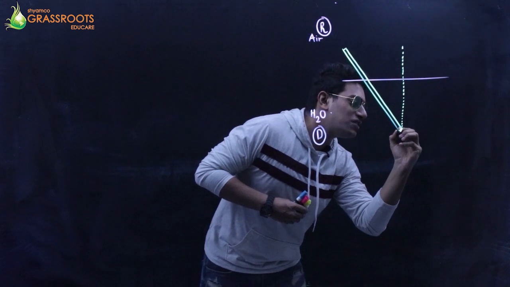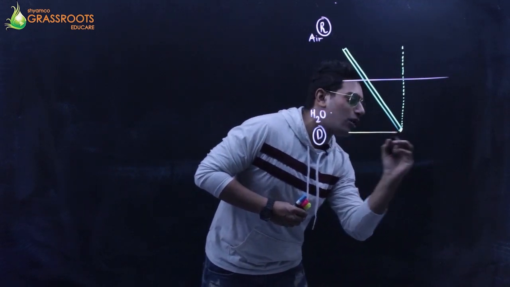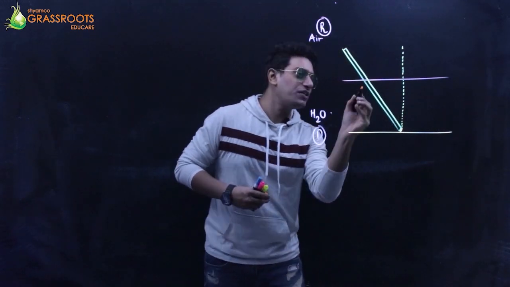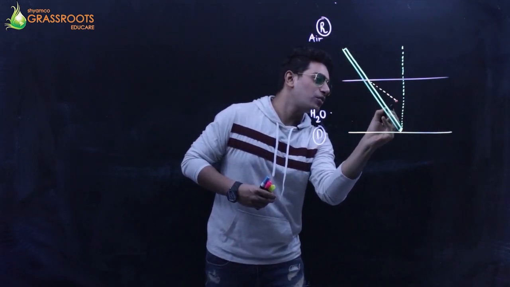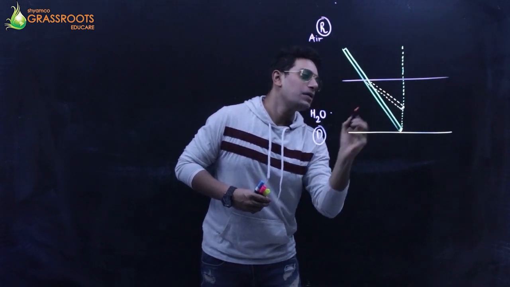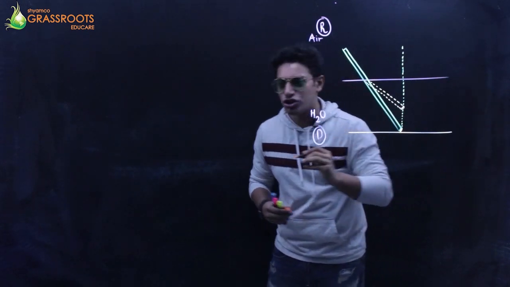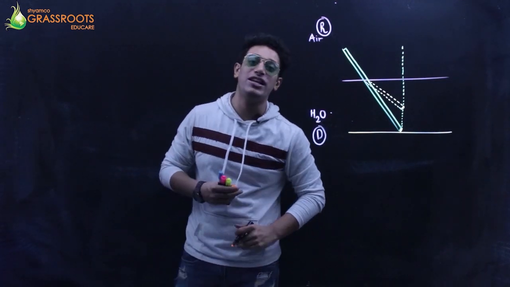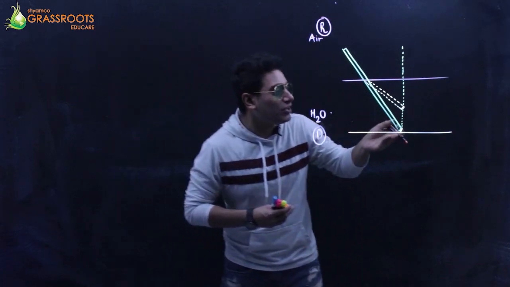The bottom of the stick does not appear to be at the ground level. It appears to be slightly risen. That's what he feels. Somewhere out here, let's assume. So this is the position where I observe the stick which is immersed in water.